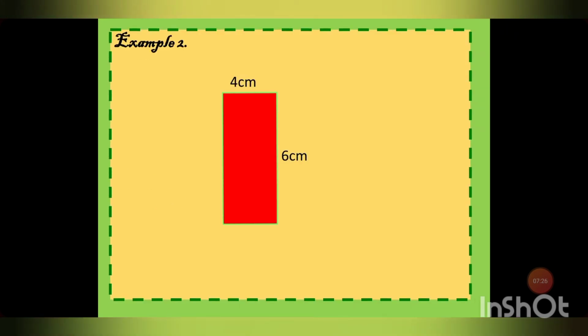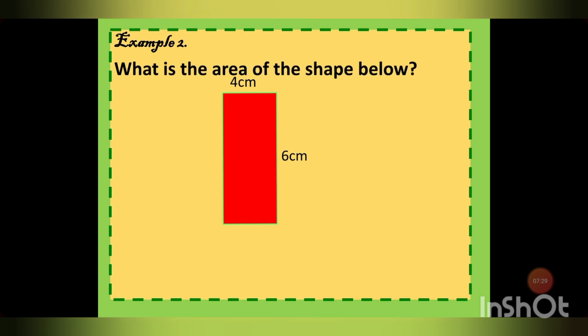Example number 2. What is the area of the shape below? Now, what are you going to do? The length is 6 centimeters and the width or the breadth is 4 centimeters.